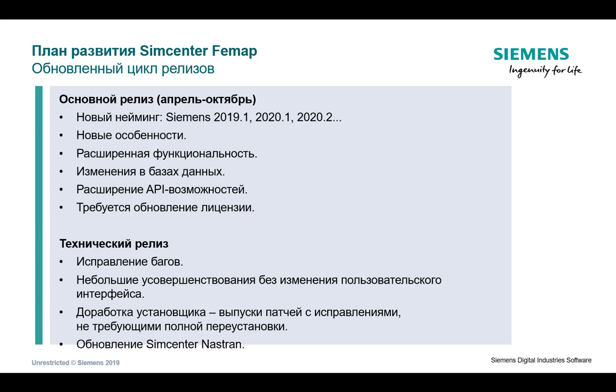Again, maintenance releases will be bug fixes, minor enhancements without changing the user interface. The installer now installs patches instead of full new releases on top of the existing release, and there may also be some Simcenter Nastran updates.